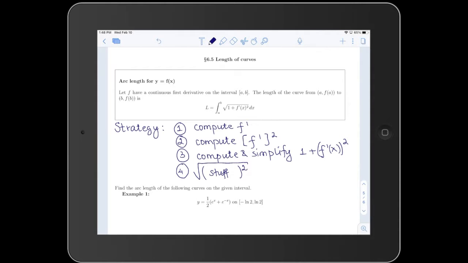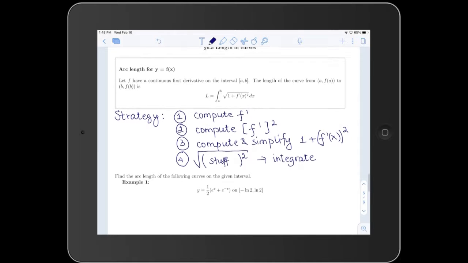You will just have to remember all of the algebraic steps and be really careful. Once that's done, then you integrate. These problems fundamentally are not difficult. It's just a little annoying because there's so much algebra going on. So let's go ahead and do that.